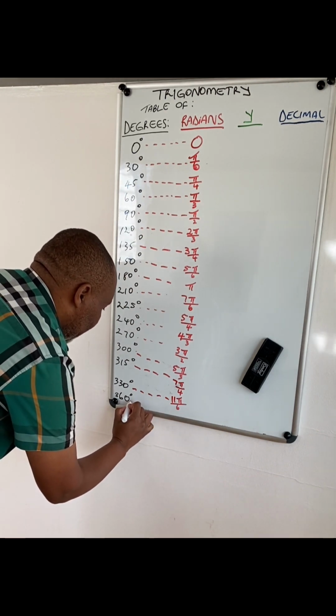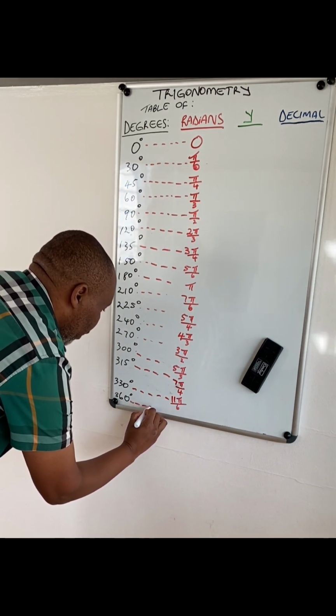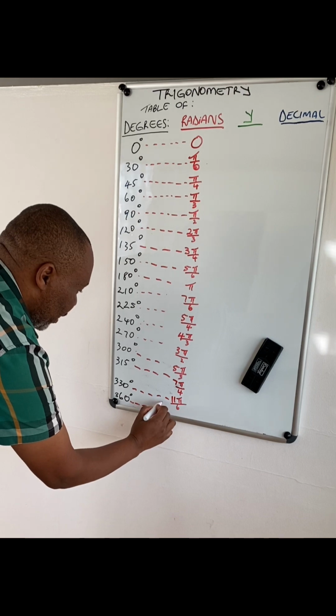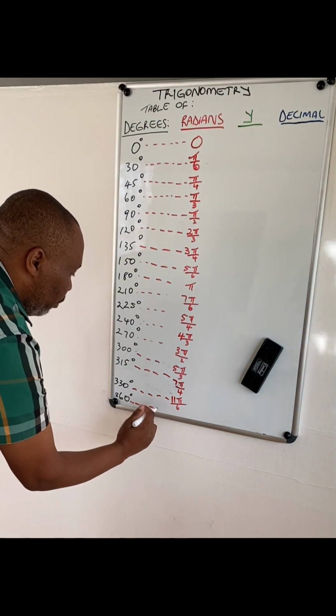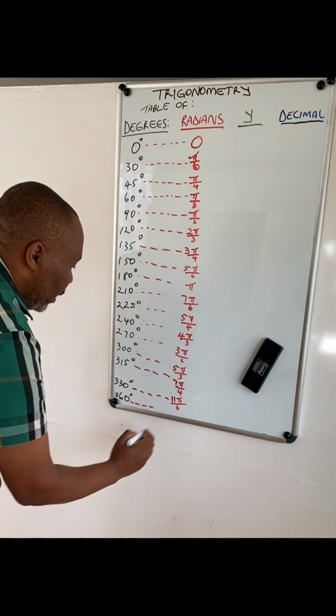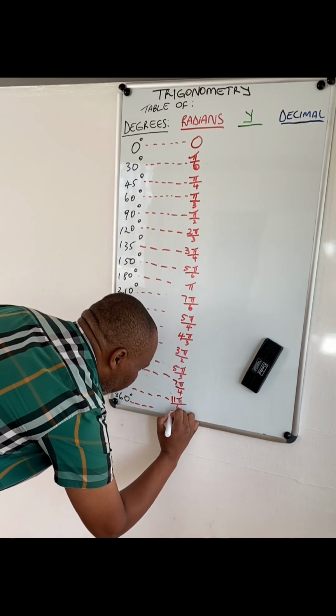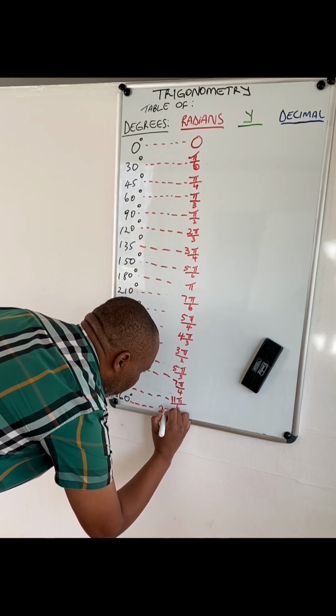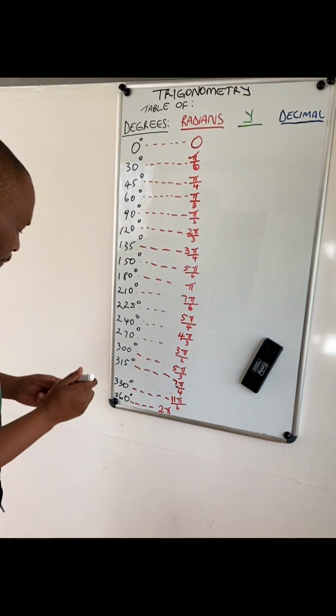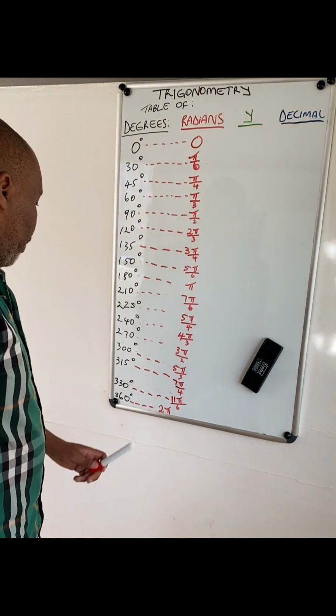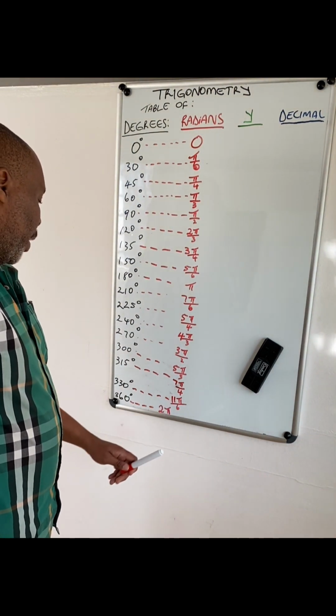At 360 degrees, I'll just write it here because of space, closer to the 360. It's 2 pi. So 360 is 2 pi, 330 is 11 pi over 6.